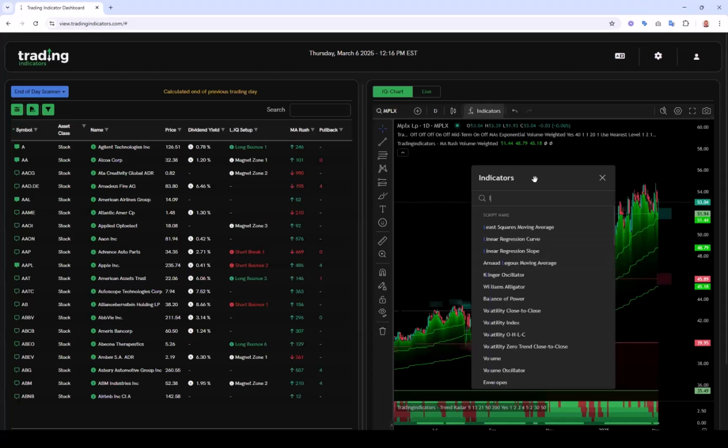The first one is Liquidity IQ. The second one, you can just type it in here, is MA Rush. And the third one is Trend Radar. These are 3 custom indicators which are not built in by TradingView. We have added these to the dashboard.